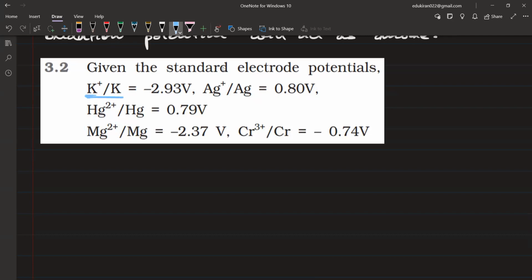What is this? Reduction or oxidation? Reduction. Why reduction? Tell me. Because it has K plus. Rephrase it a bit better and speak properly.